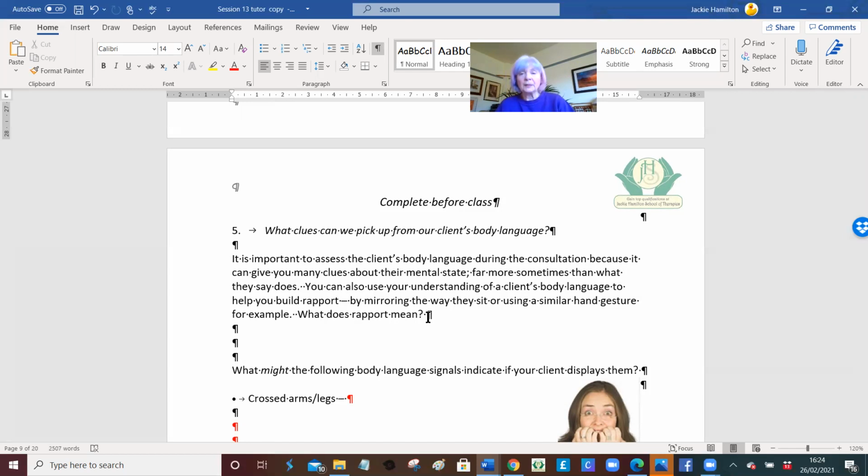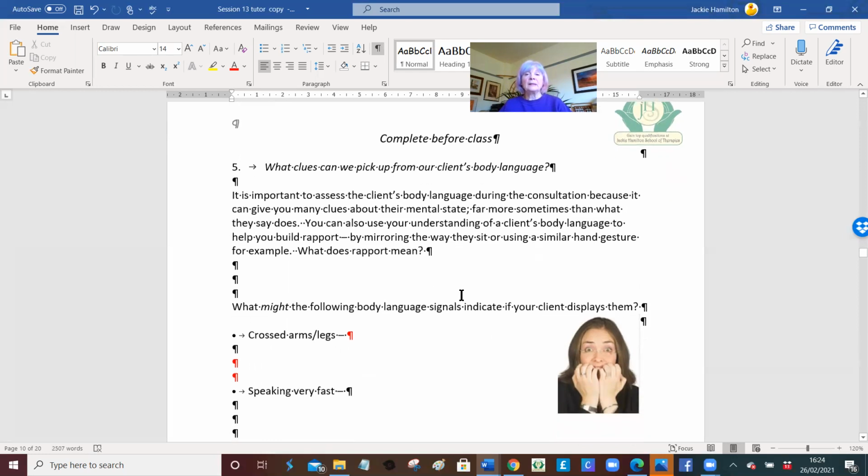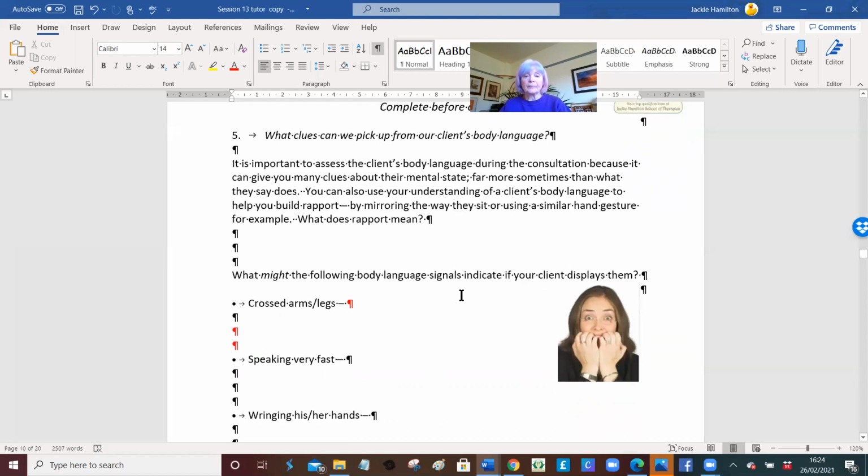You wouldn't slump like it, but you can mirror some of the things that they are doing, using a similar hand gesture, for example, and that can build up a rapport with someone. And that means that you're getting that therapeutic relationship going.